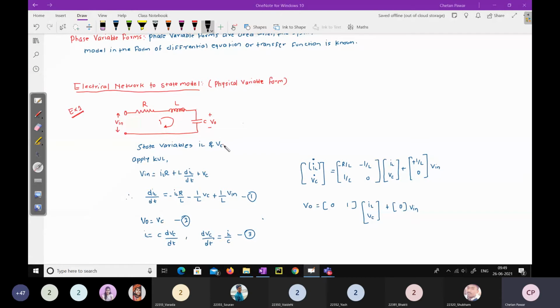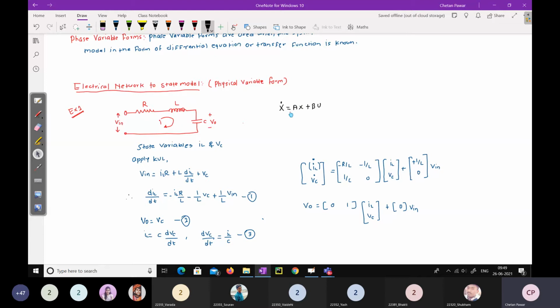Now, what is the main task here? We need to apply KVL in such a way that we can represent this system using the state equation and output equation. What is the state equation?